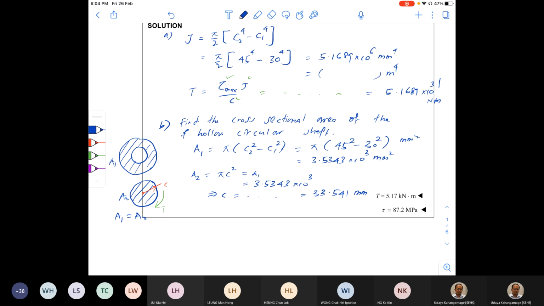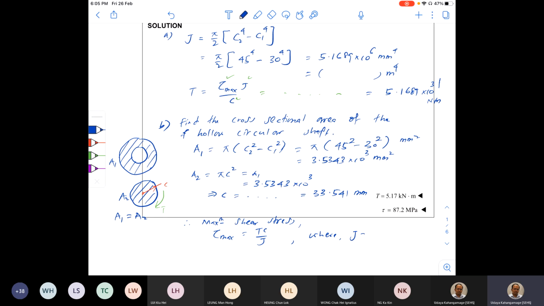So you can write that the maximum shear stress, tau max, is equal to TC over J, where now J is different.